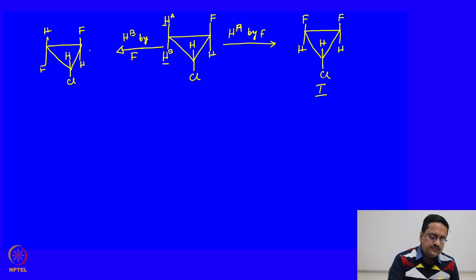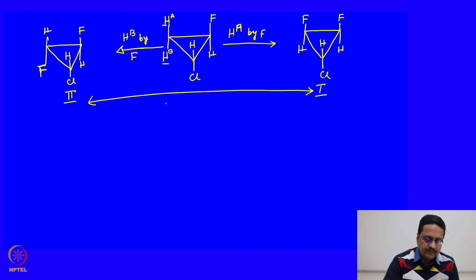When we replace HB by F, we get this molecule. What we see here is that this F and F are trans, here the two F's are cis. Therefore, these two compounds are not mirror images.